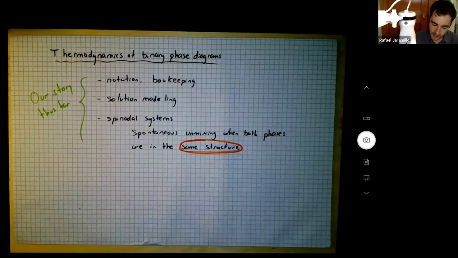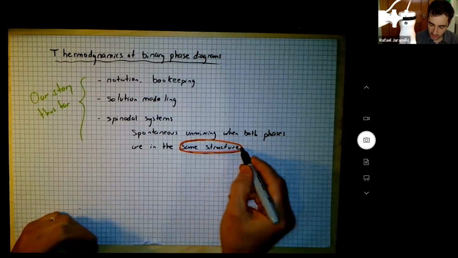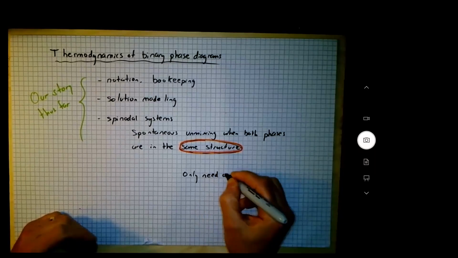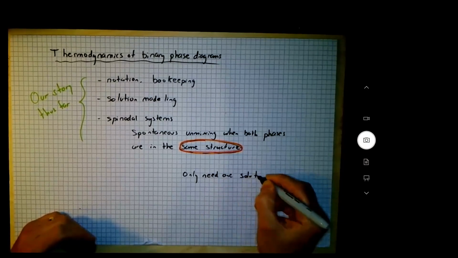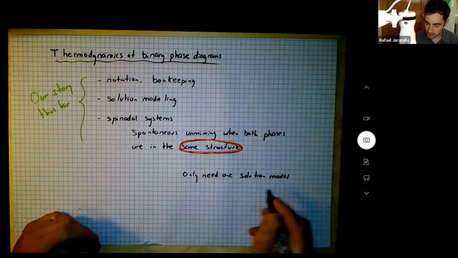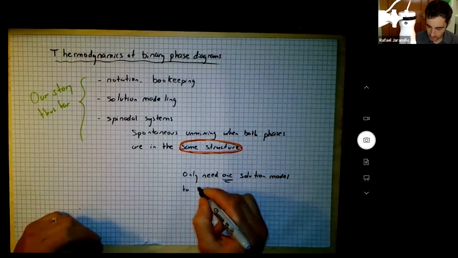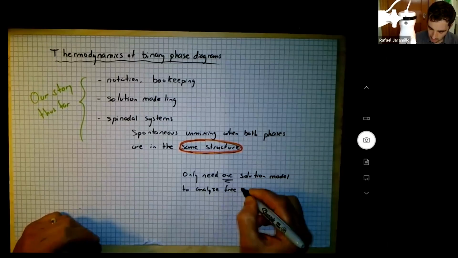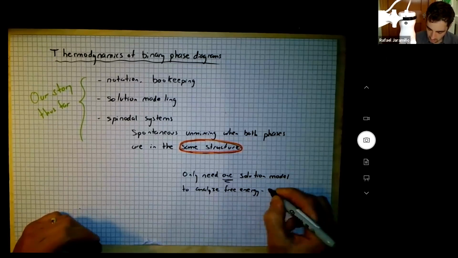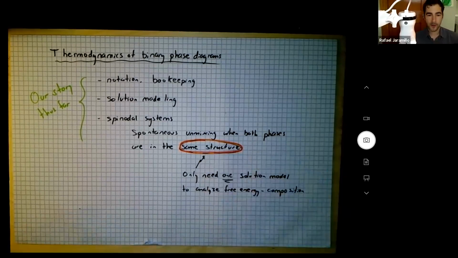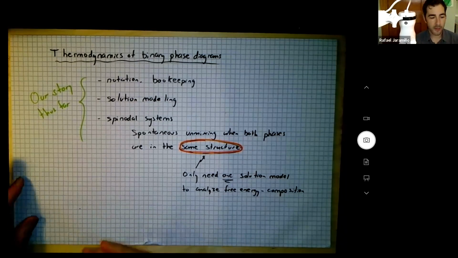So when you had two phases that had the same structure, you only need one solution model to analyze the free energy composition plots. Okay, so today we're going to start introducing more complexity, which is having multiple solution models.